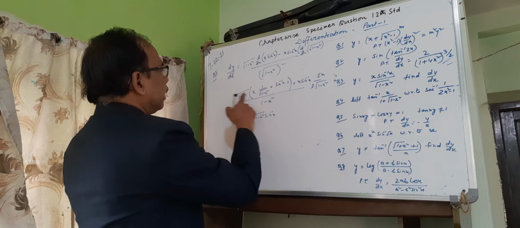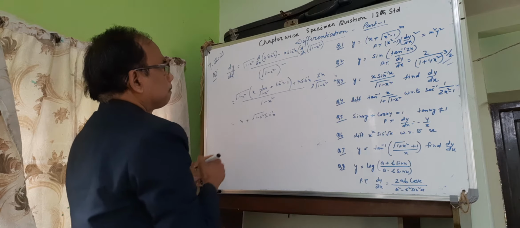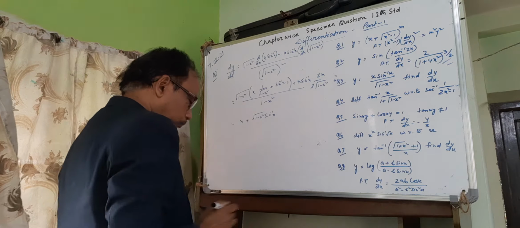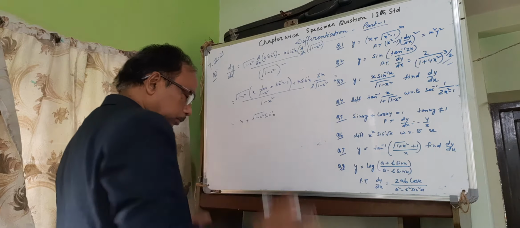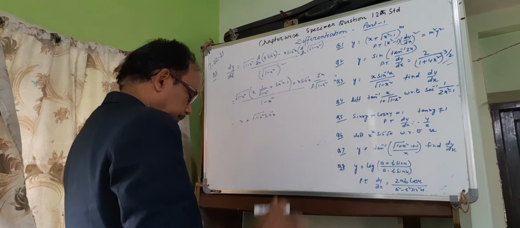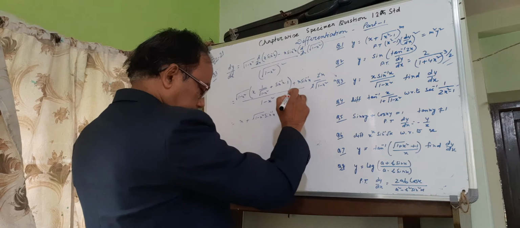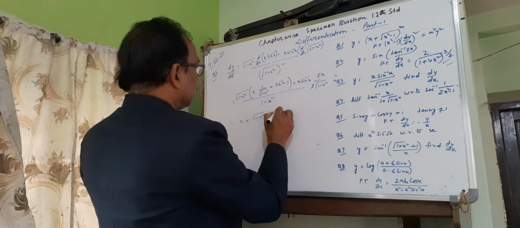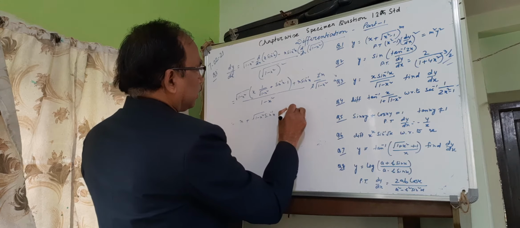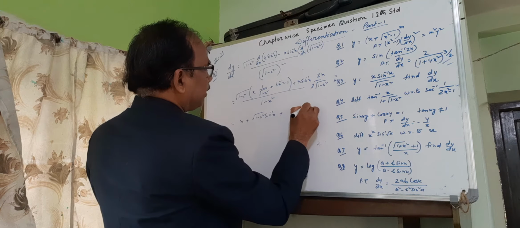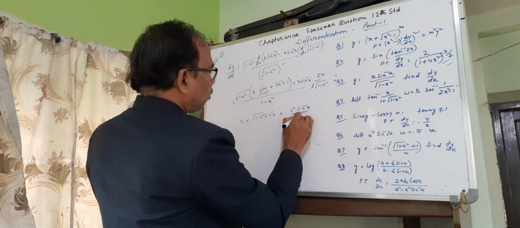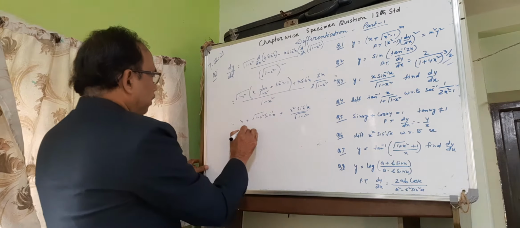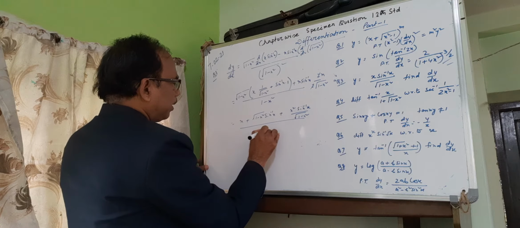This with this and this with this. Plus x square sine inverse x by root over of 1 minus x square, by 1 minus x square.